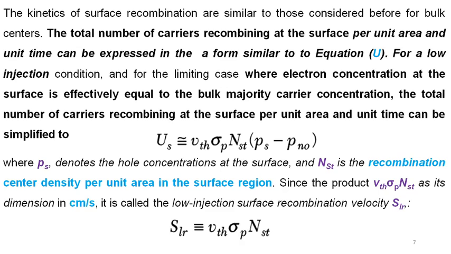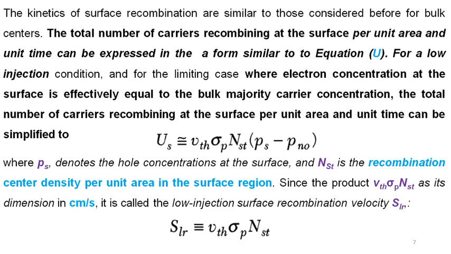Then the total number of carriers recombined at the surface per unit area and per unit time can be expressed in the form of a net recombination rate. For the low injection condition, in a semiconductor material where the electron concentration at the surface is effectively equal to the bulk majority carrier concentration, the net recombination at the surface due to these trap states at the dangling bonds is E surface equal to Vt S sigma P N ST, times (PS minus Pn naught), where PS is the hole concentration at the surface.